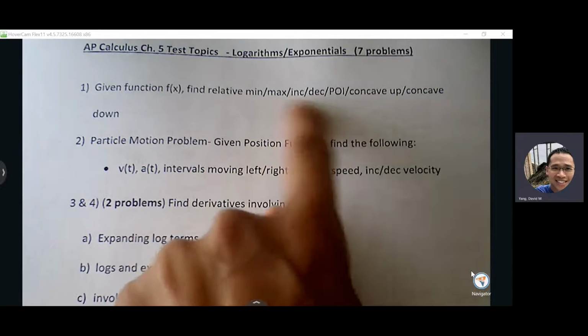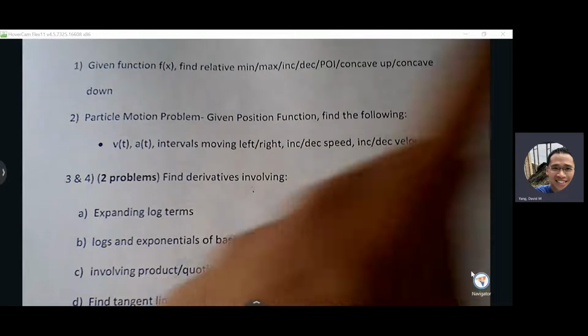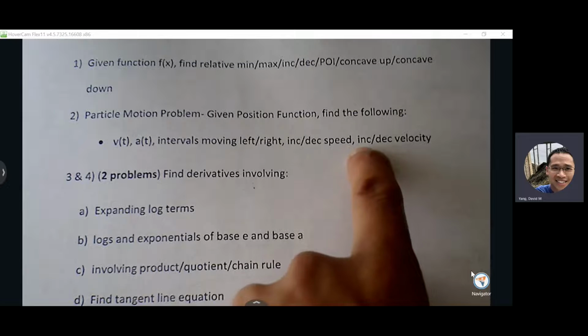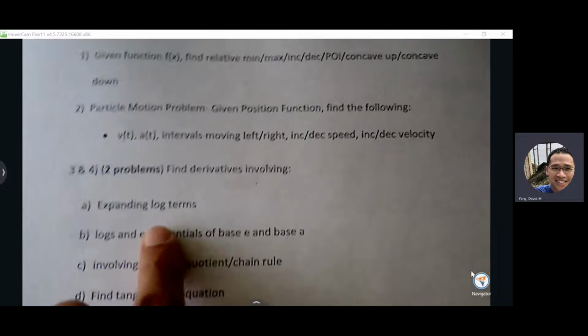So we will do a full practice of this today. Particle motion problem, moving left, moving right, but from an exponential function perspective. We need to be able to do this, but all the concepts are the same as what we did with the chapter 2 test. It's just a different set of derivative rules, but the concepts are the same.